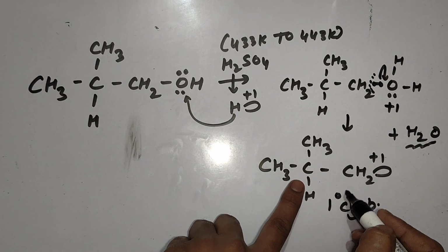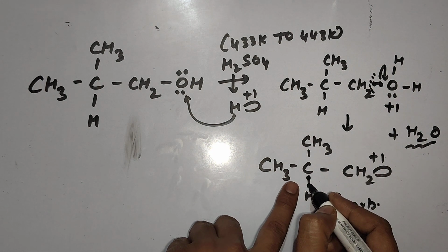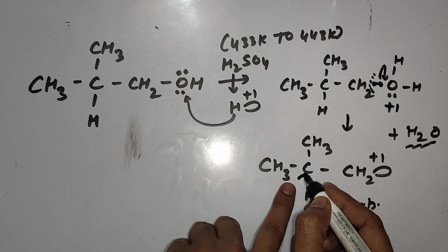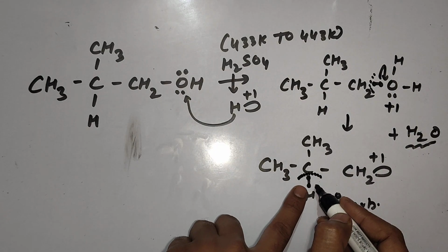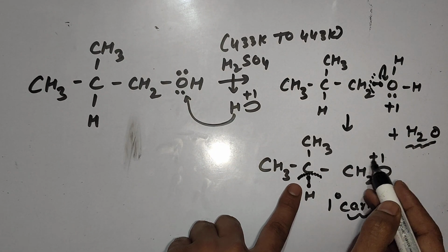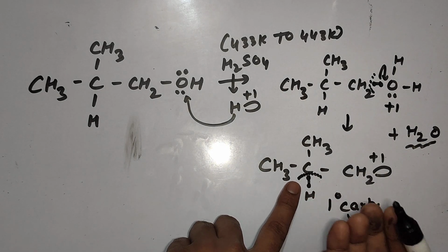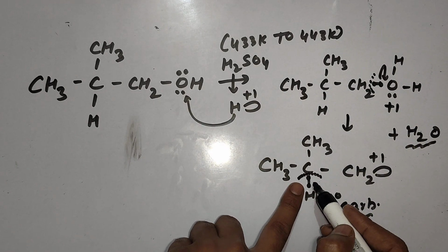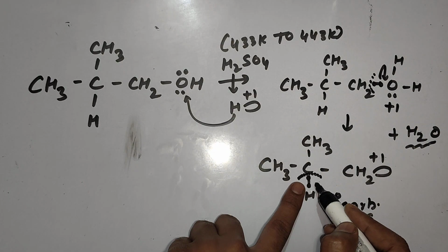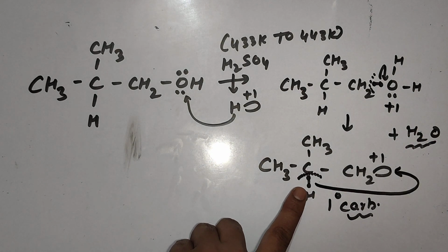This is a carbon which is a 1 degree carbocation. The neighboring carbon will shift its hydride. This carbon has a vacant orbital and +1 charge, that's why it is able to attract electrons toward itself. That's why the neighboring hydrogen will shift like this.